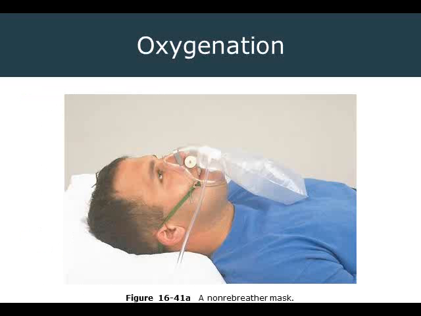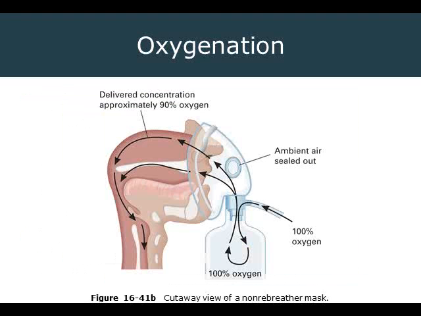Here we're using a non-rebreather mask. How does this work? In the cutaway, oxygen flows through the tube and goes into the reservoir bag, and there's a flap at the top of the reservoir bag. When you inhale, it pulls the side flaps shut and pulls open the flap at the top of the reservoir bag, so the patient can inhale the oxygen.